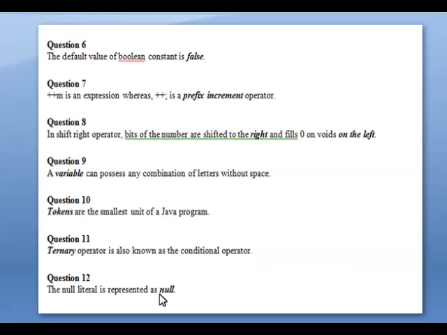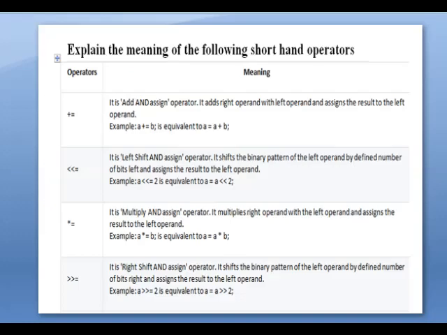Next, explain the meaning of the following shorthand operators. Plus equals means it is an add and assign operator. So a += b is equivalent to a = a + b.